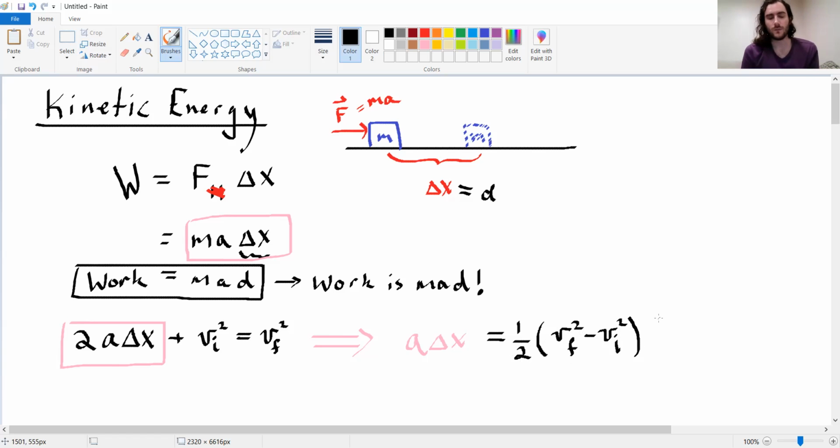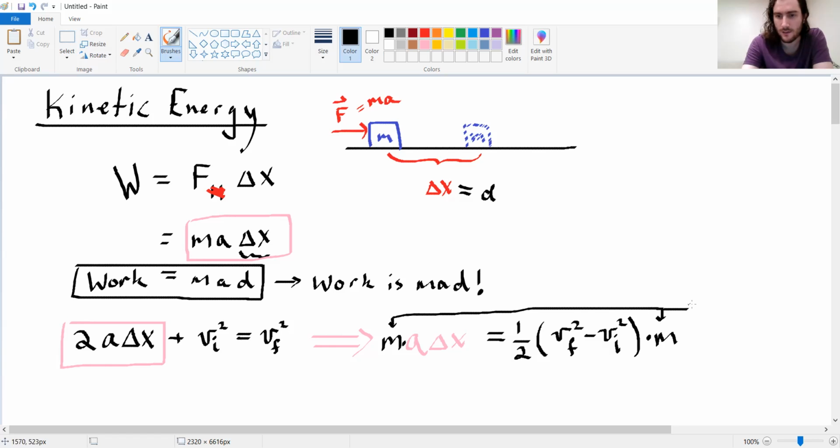But there's one little bit that's missing from this, and that is the mass. We don't have the mass on the left side of this equation. So let's multiply both sides by the mass.